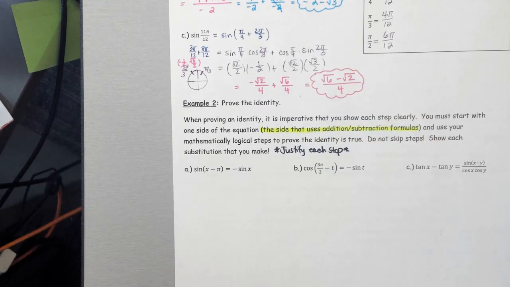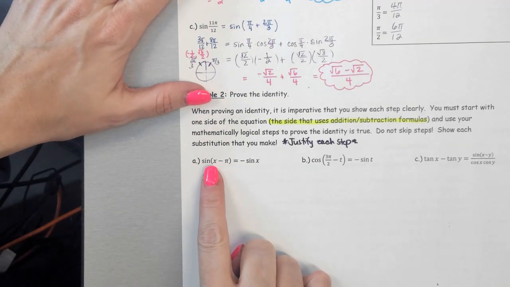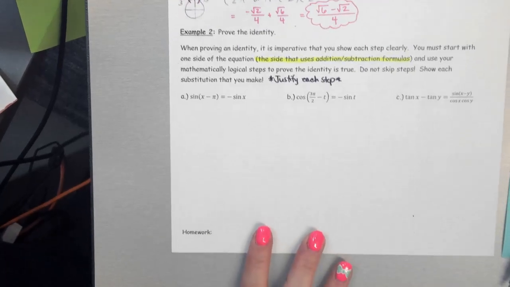Then we're going to continue to write in columns. So for today, we're always going to start with whichever side has the addition or subtraction formula on it. Okay?